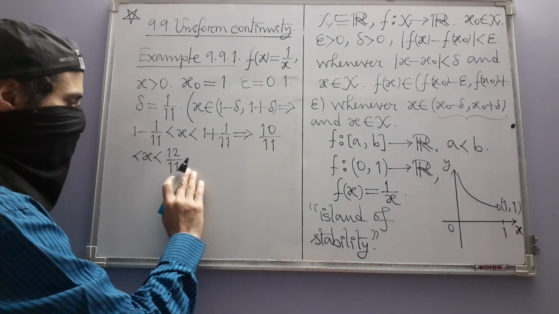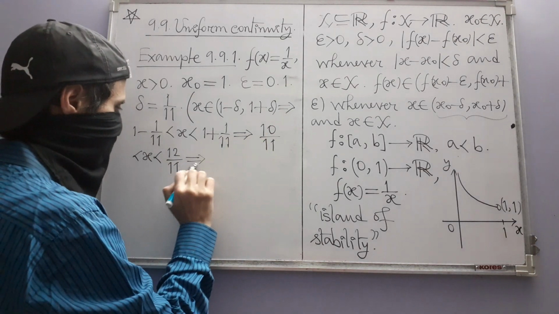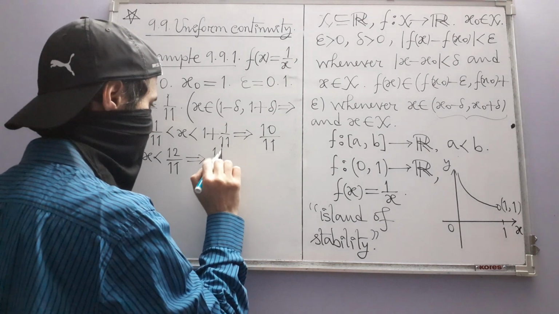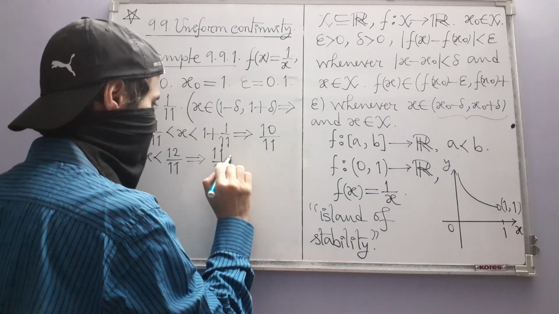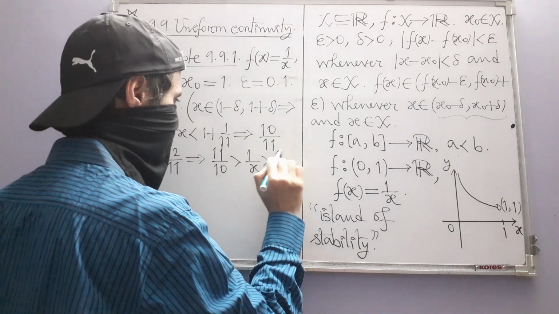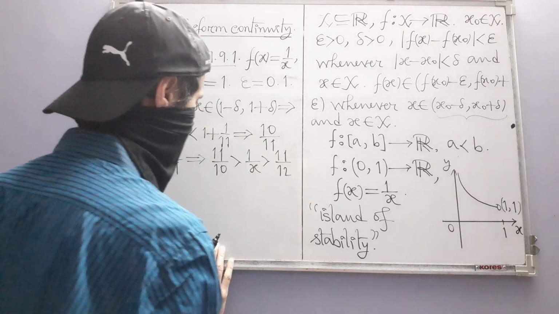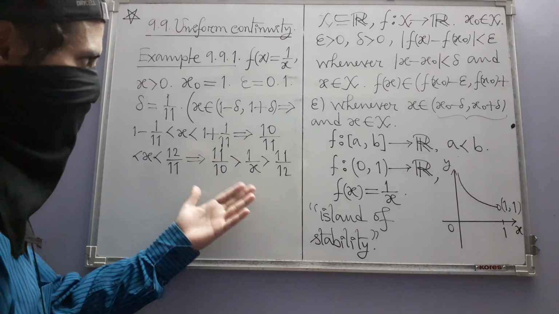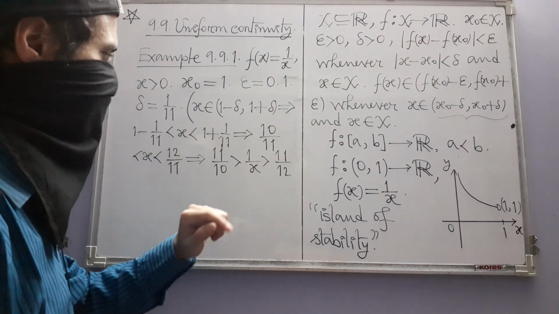Because we have all positive real numbers here, we can take reciprocal, and that will reverse all the inequalities. This is greater than 1 over x, and that is greater than 11 over 12. Now we are interested in knowing the difference between f(x) and f(x naught).